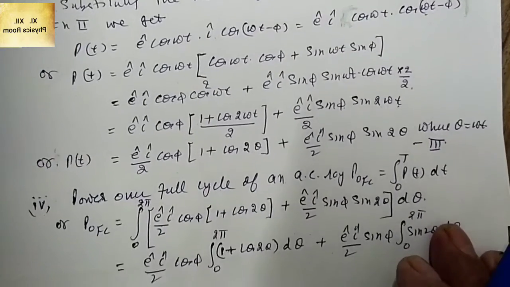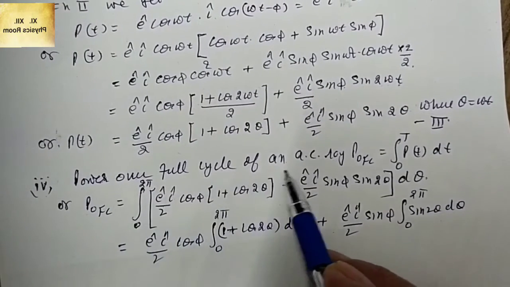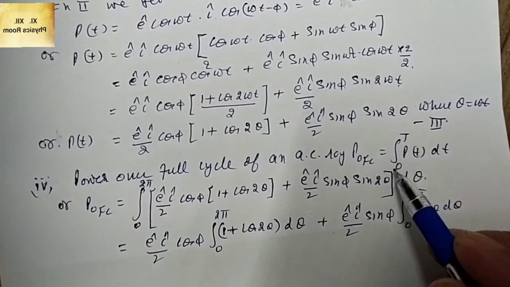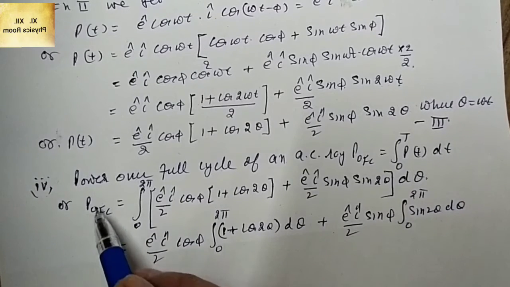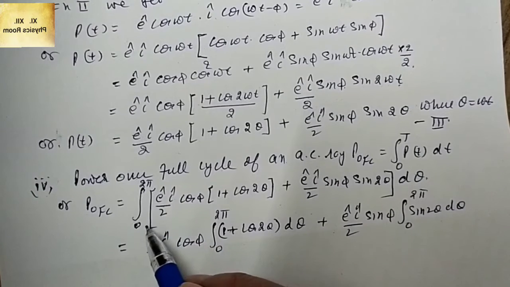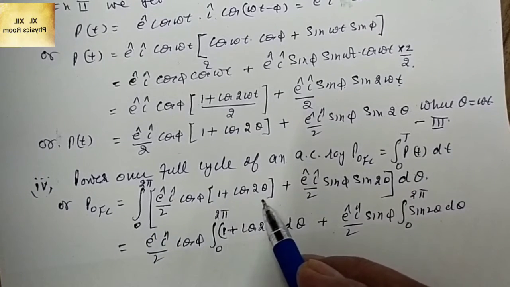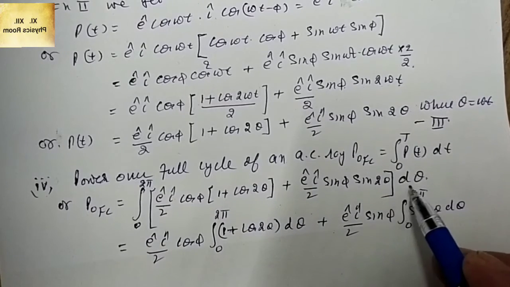Now fourth step, power over full cycle of an AC, say P over full cycle, is equal to integration 0 to T of p(t) dt, or power over full cycle is equal to integration 0 to 2 pi of E max I max by 2 cos phi into (1 plus cos 2 theta) plus E max I max by 2 sin phi sin 2 theta d theta.